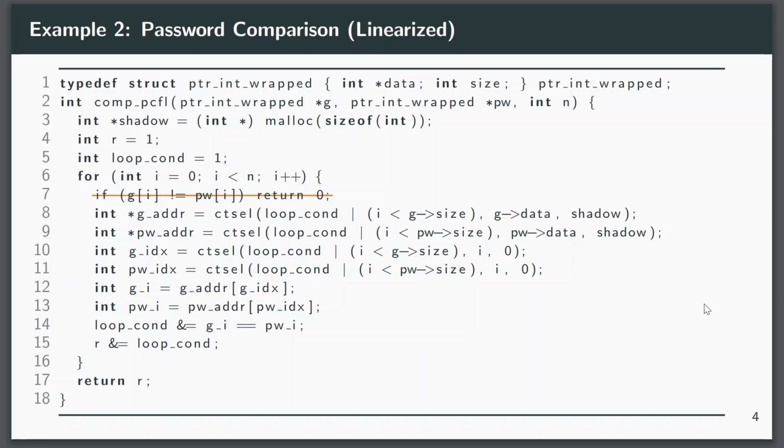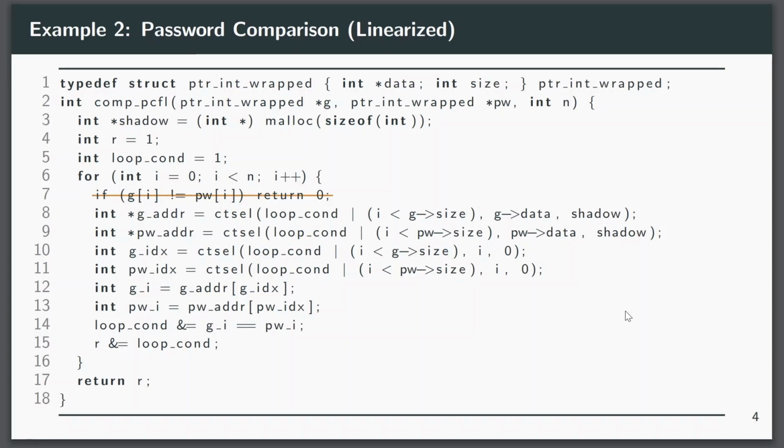So just to illustrate what linearization would look like, using the same password comparison example, the idea here is that we would completely remove that conditional test that exists in the original function, and we would insert instructions to ensure that the semantics of the program is preserved. The ctsel instructions here, which stand for constant time selectors, you could think of them as ternary operators in C, but in a way that you guarantee that they are going to execute in constant time.